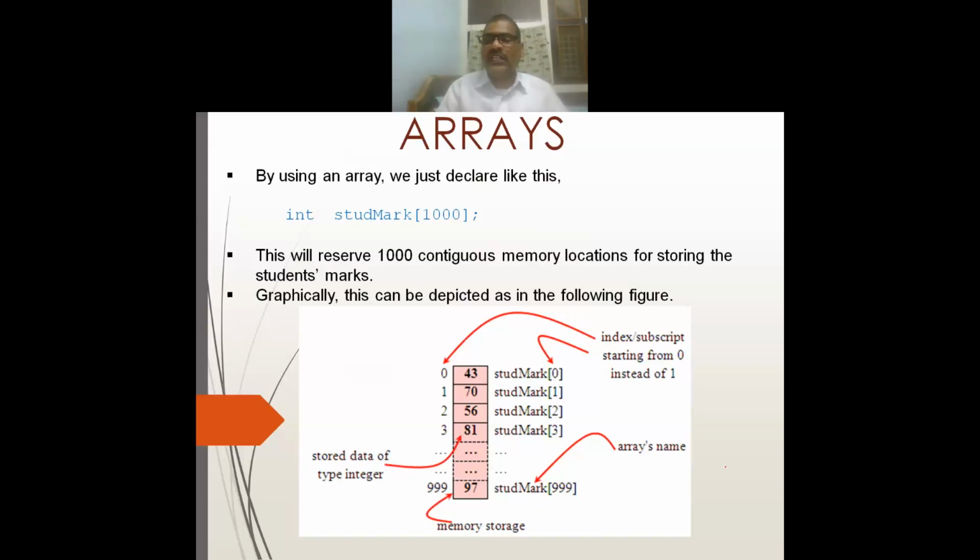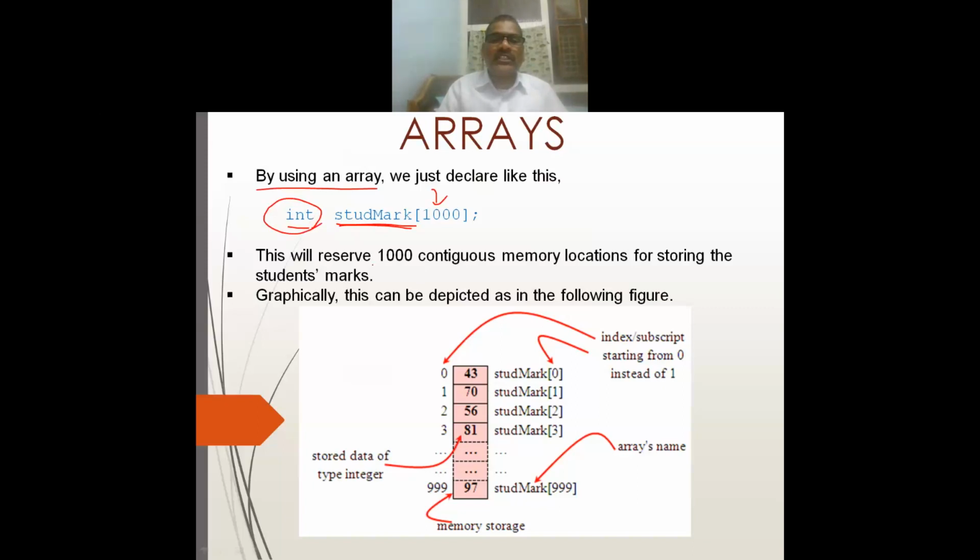Instead of declaring 1000 independent integer variables, you can group those 1000 variables into a single group by making use of an array. We can declare std mark as an array name, where 1000 is the size, and all these 1000 integer values we are going to store.